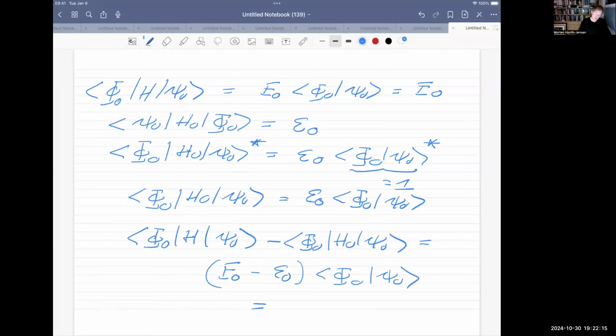And this is also equal to phi 0 of H1 of psi 0. So the only thing we've been doing now is to simply reshuffle terms. There's nothing new which we have done.